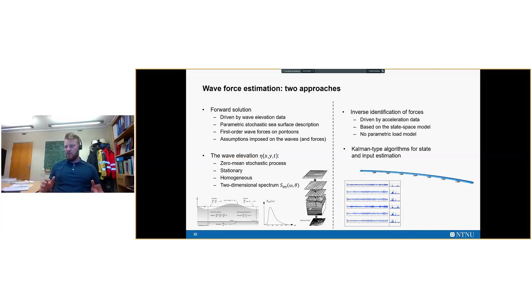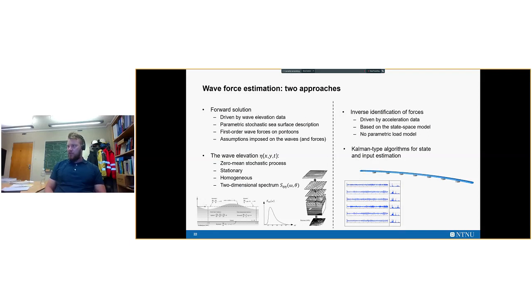So these are somewhat uncertain assumptions, but they are necessary to make in the mathematical formulations we use. And in addition, we assume that the wave elevation can be described by a two-dimensional wave spectrum, which is also dependent on the angle of the incoming waves.